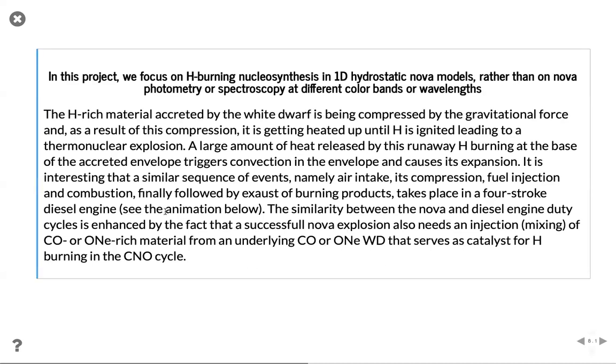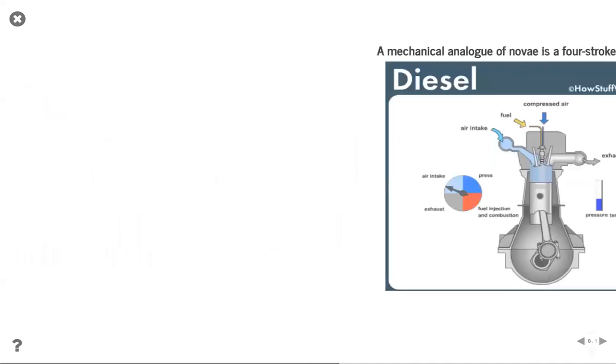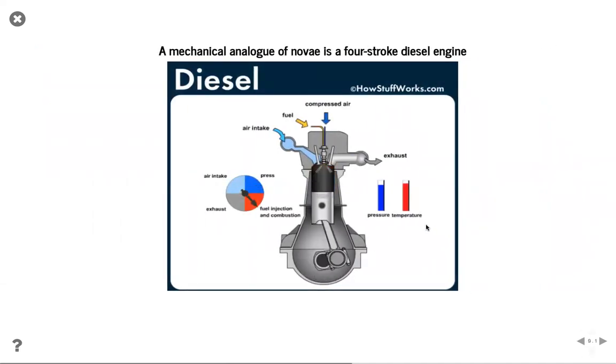Now I'm going to show you this animation of a 4-stroke diesel engine to illustrate what I've just said, that the 4-stroke diesel engine duty cycle closely resembles what's happening in a classical nova. This is what I call a mechanical analog of novae.